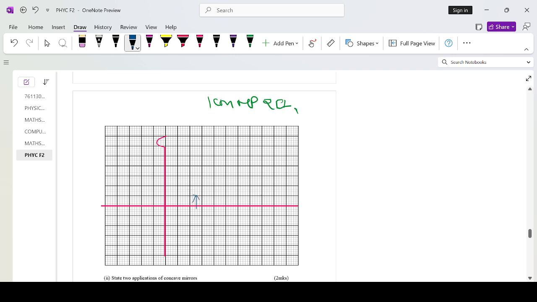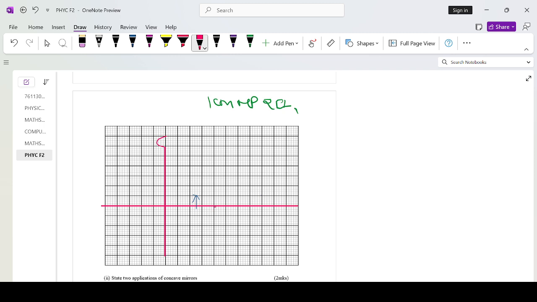Like that. That's very correct. Now if that is my object, 5 centimeters away and 2 centimeters high, to locate the image I have to draw a ray, or maybe let me first locate my F, because they say F is 10 centimeters.